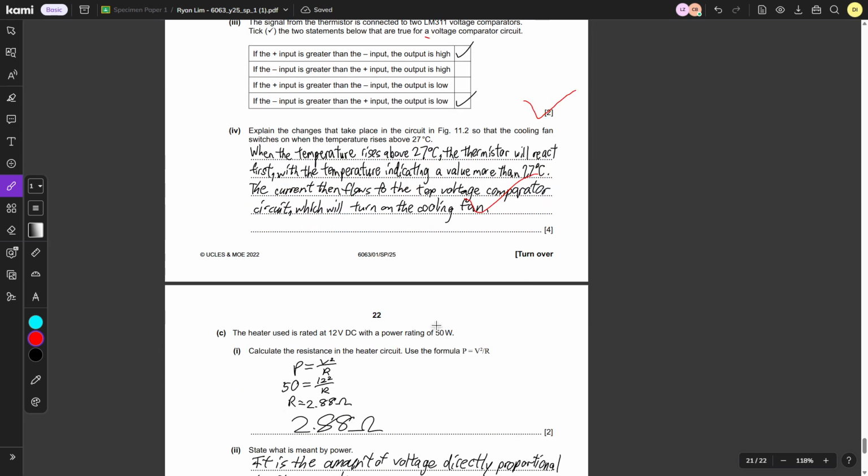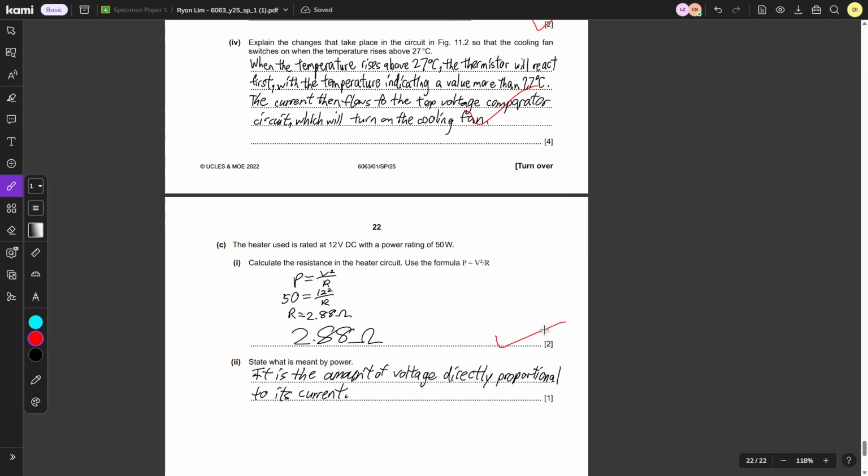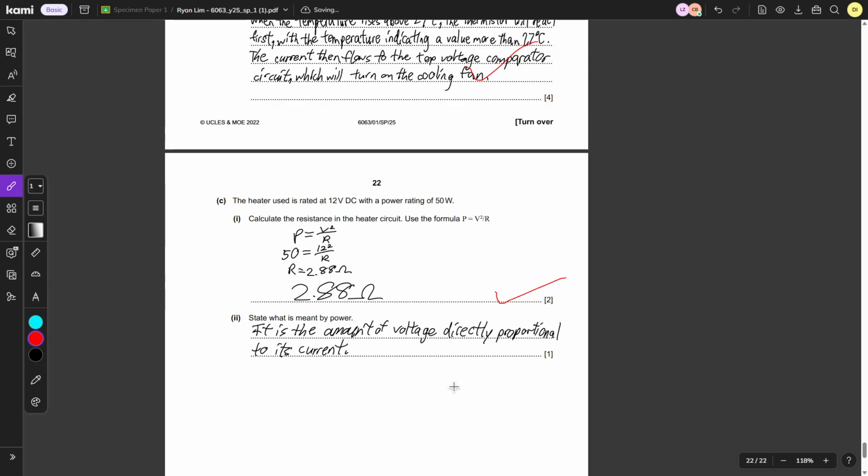Yeah. The heater is rated at 12 volts, 550 watts. Calculate the resistance. They give you the formula, damn. Okay, if your calculation is correct, then this should be right. What's meant by power? The amount of voltage directly proportional to its current. No, that's not what it means.